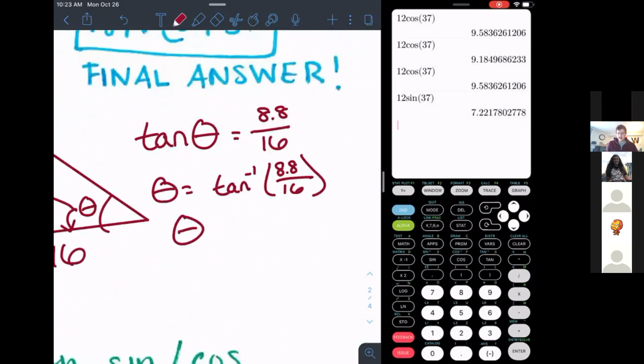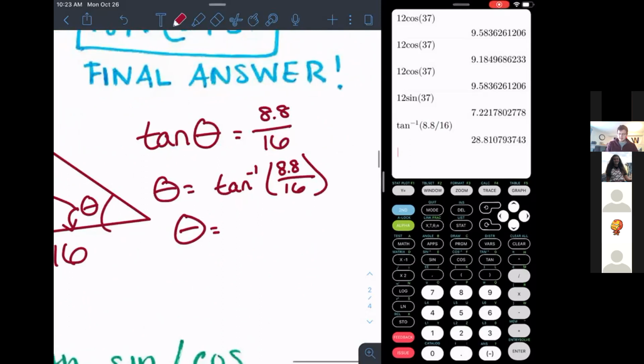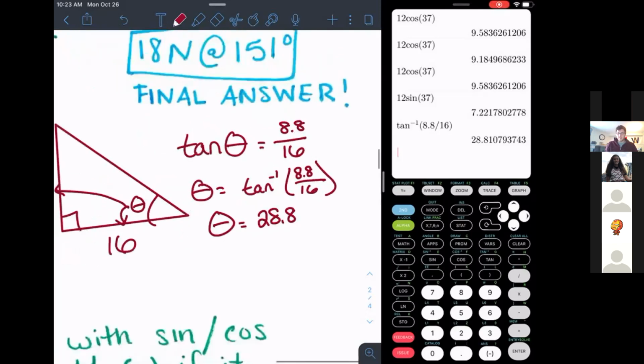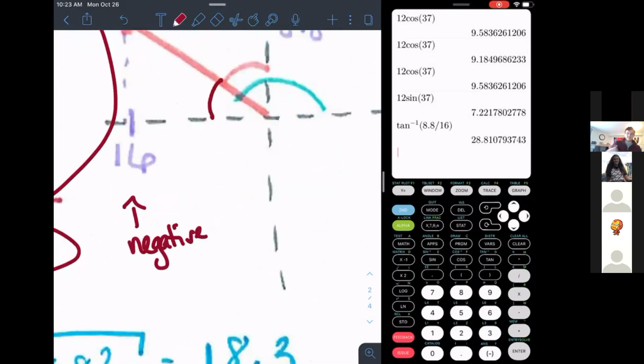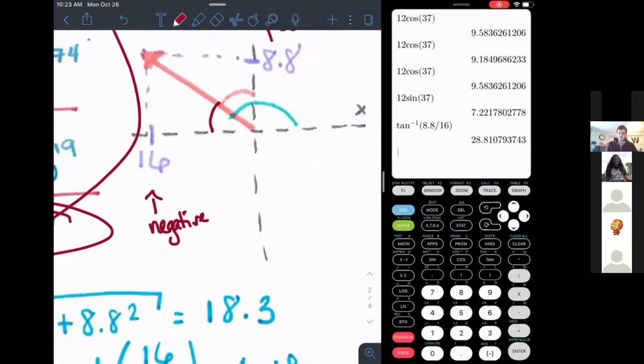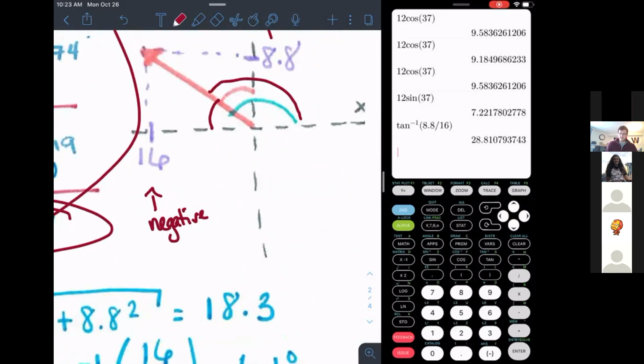And if I do that, I'm going to get inverse tangent of 8.8 divided by 16, which is 28.8. But that's 28.8 degrees off of this line, which means that if I'm trying to find my angle from 0, which is the other way, how would I find that angle?